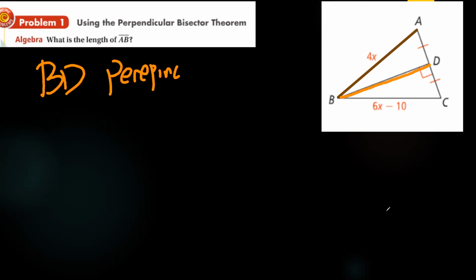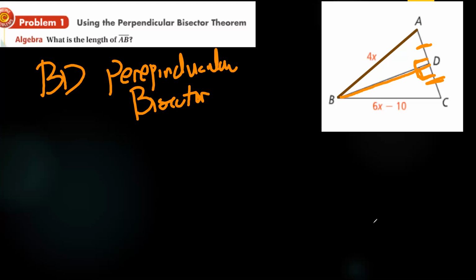Now, in order to find it, let's look here. Where is my perpendicular bisector? It's BD. This is my perpendicular bisector. So BD is a perpendicular bisector. As you see here, it is perpendicular on the side and it cuts it into two equal halves.